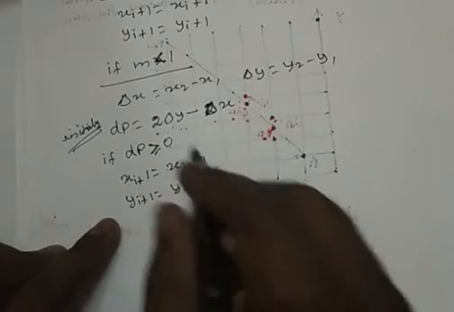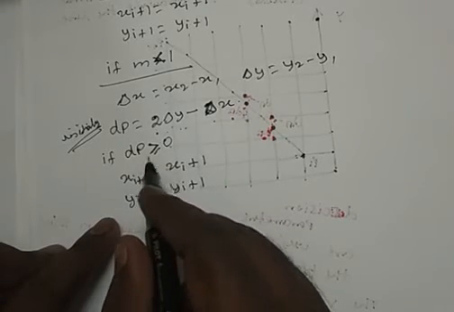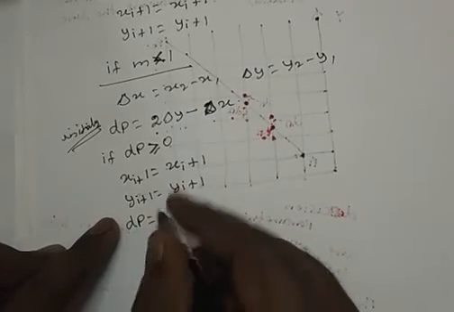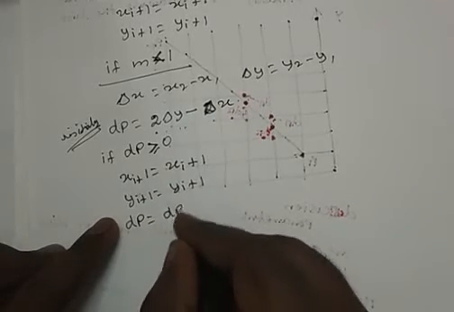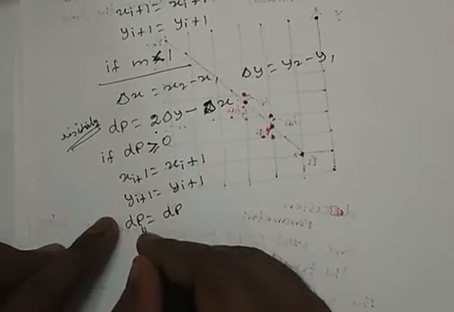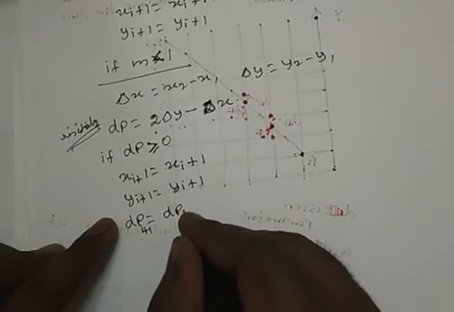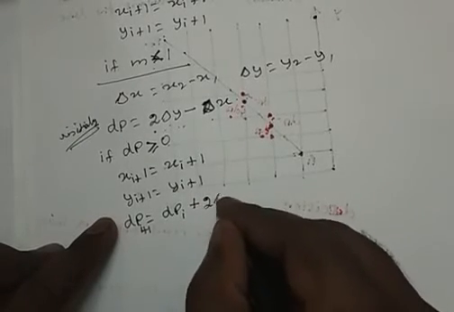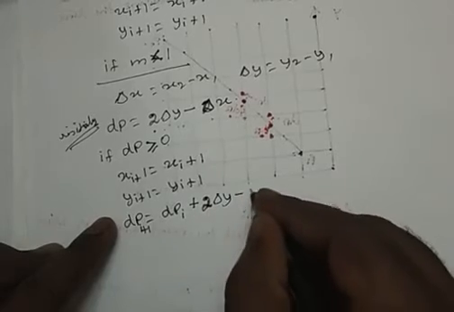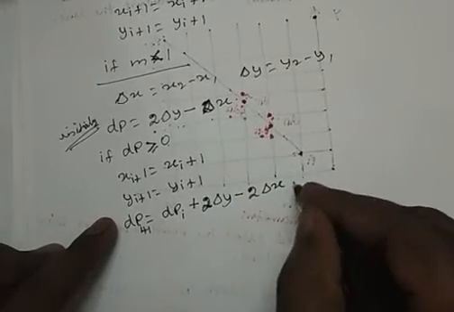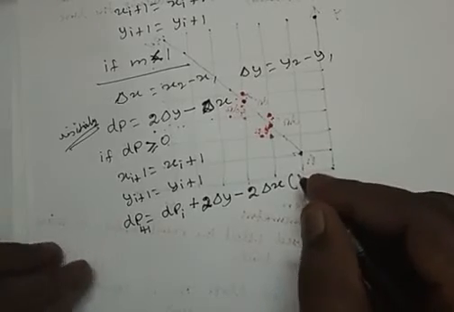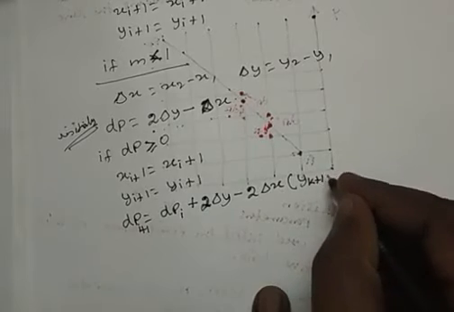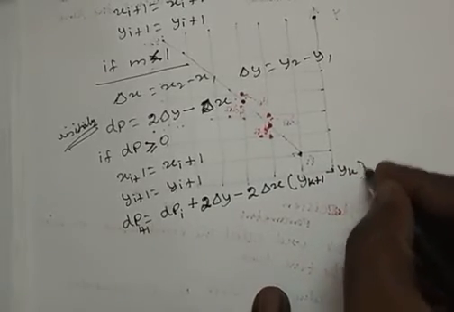But when you compute the decision parameter next time, if the dp value is greater than 0, then dp of i plus 1 is dp of i plus 2 delta y minus 2 delta x, since m value is less than 1, using yk plus 1 minus yk.